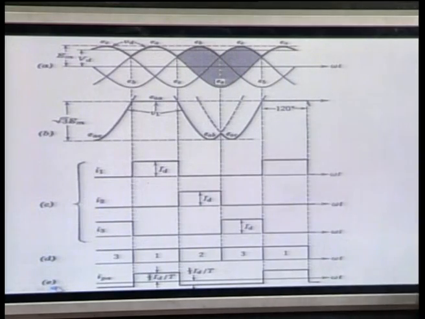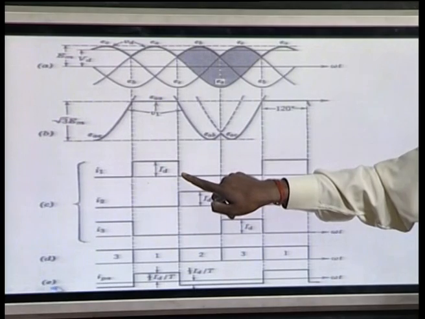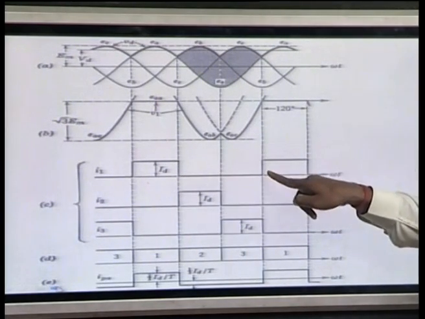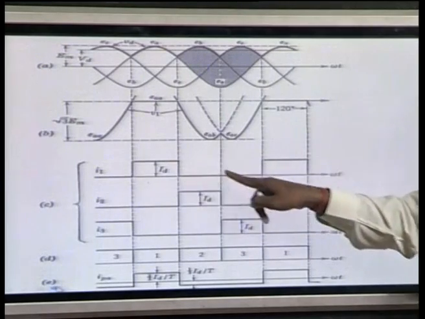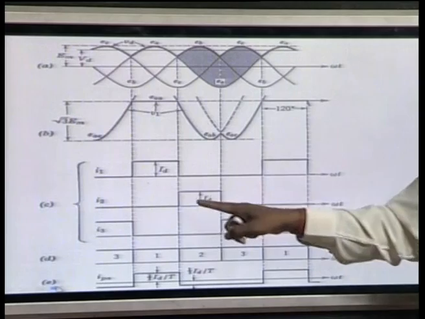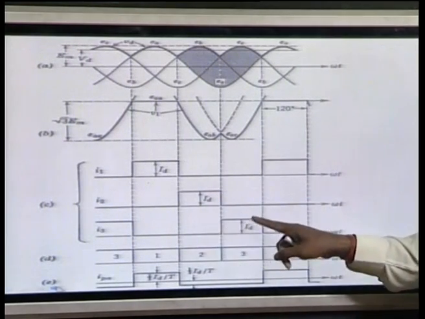The current for valve 1 conducts only for 120 degrees, and for the remaining 120 and 120 it is off. So we get this current in phase 1. Similarly, we get the valve 2 conduction and valve 3 conduction.